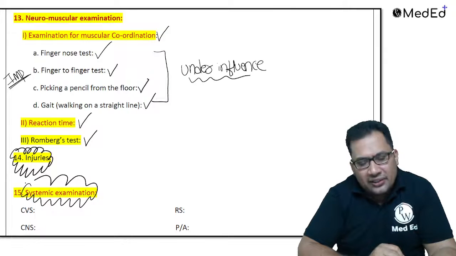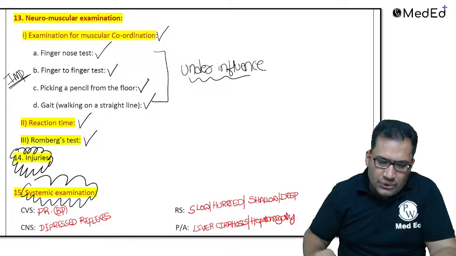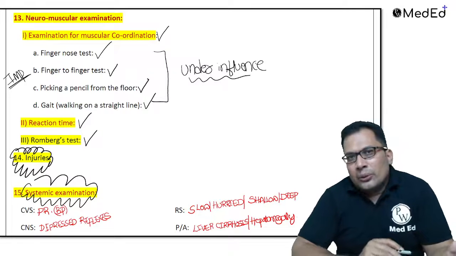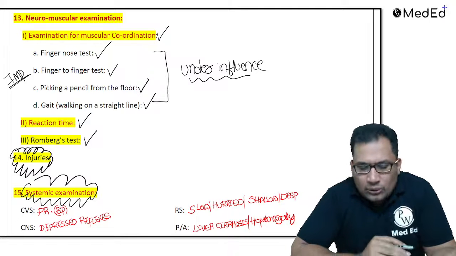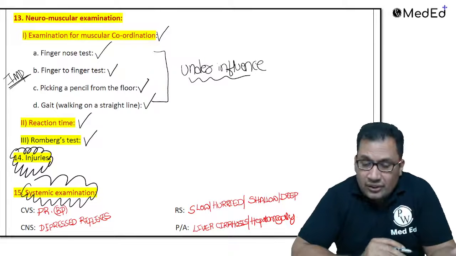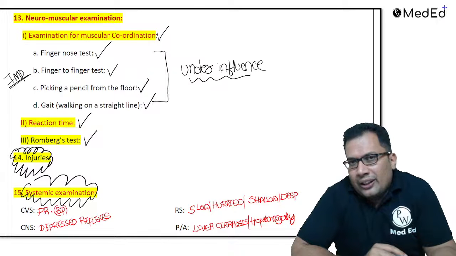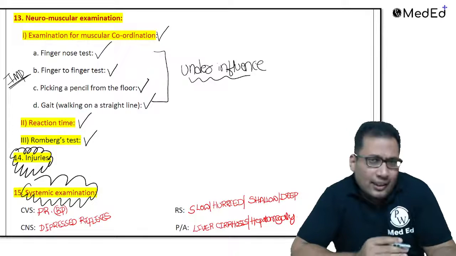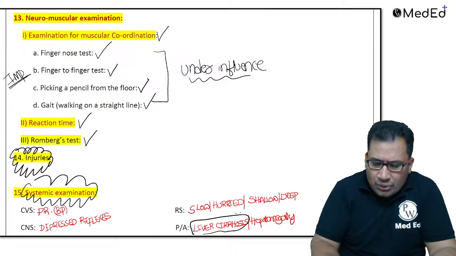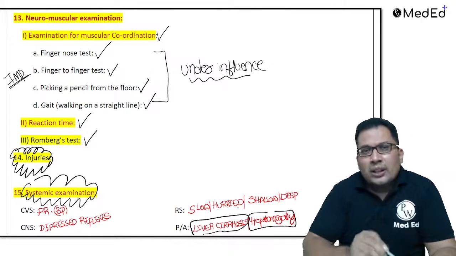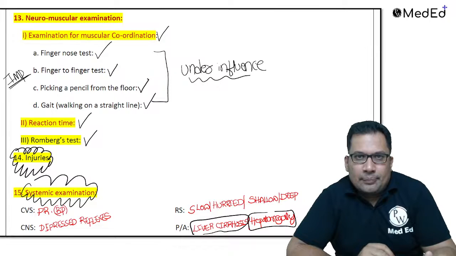Write about CVS, CNS, RS, and abdomen. In CVS, look for any hypertension. Also in CNS, depressed reflexes. In respiratory system examination, there can be shallow breathing, deep breathing, slow breathing, or hurried breathing. For abdomen, there can be liver cirrhosis, hepatomegaly. It shows that he is suffering from chronic alcoholism.